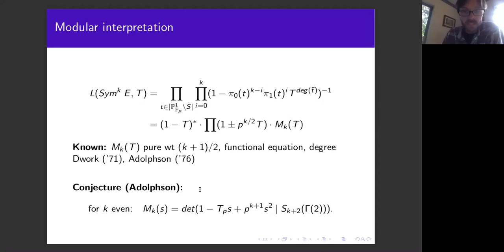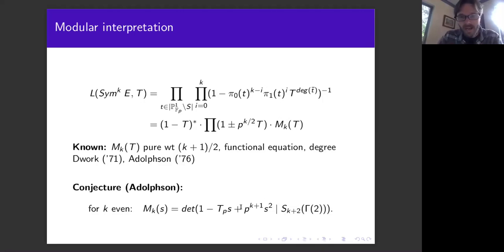And in his PhD thesis, he also conjectured the following, that this mk has a modular interpretation for k even. So for k even, it's this Hecke polynomial here, where it's the p Hecke operator acting on cusp forms over the principal congruence subgroup gamma 2. And this is actually really where my interest started. I read his thesis, and I saw this conjecture, and two things came up for me.